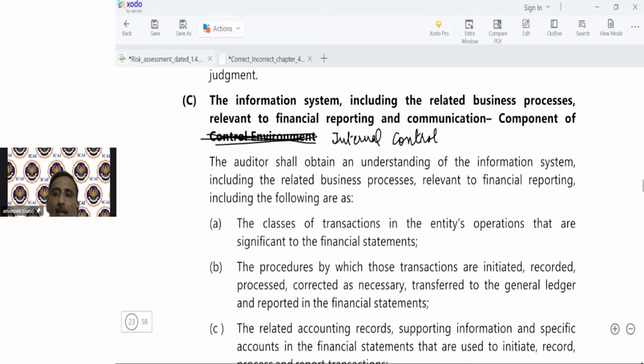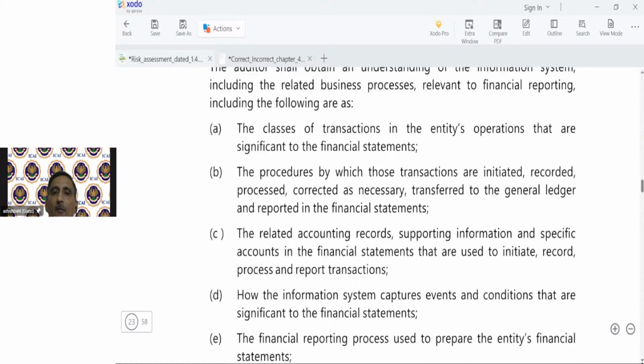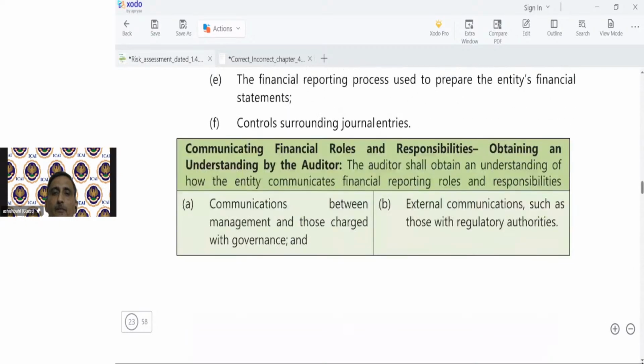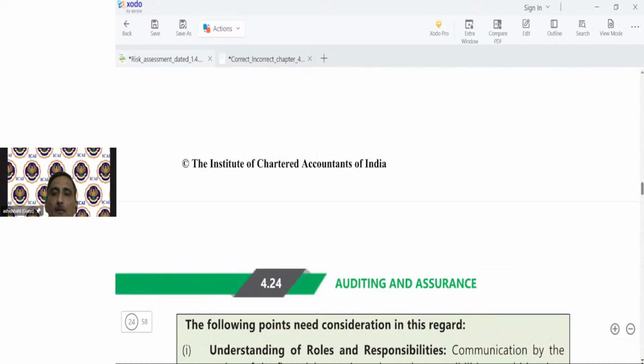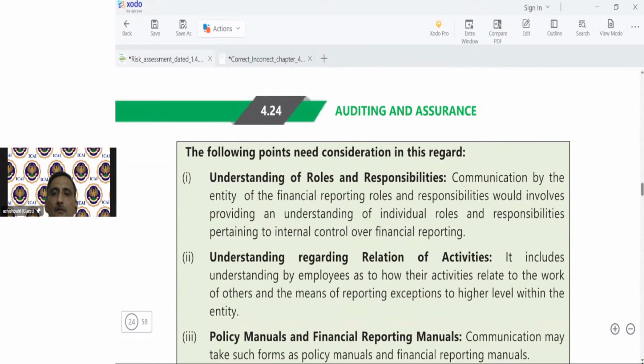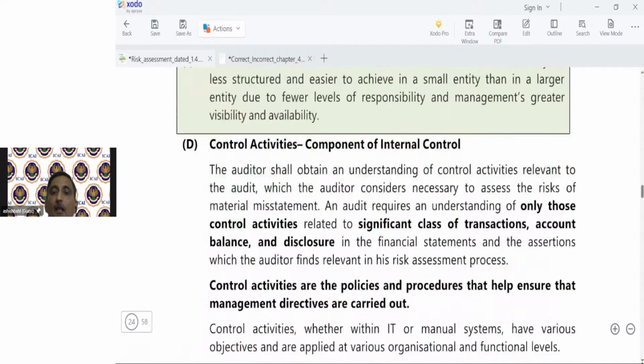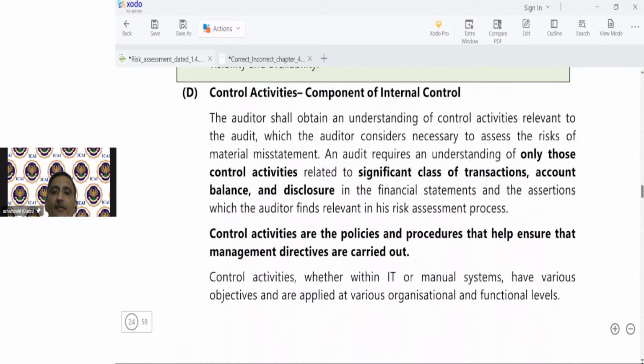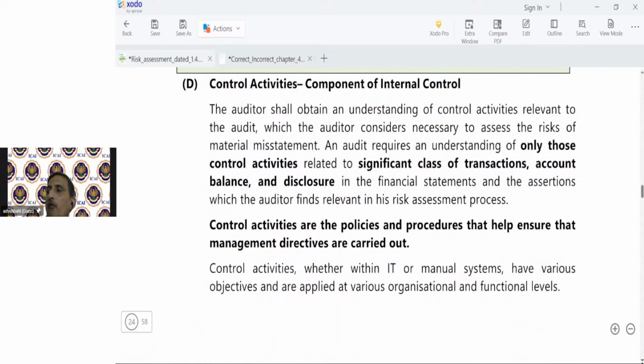Okay, clear, guys? So now we come to number 4. Control activities itself. So what are control activities?